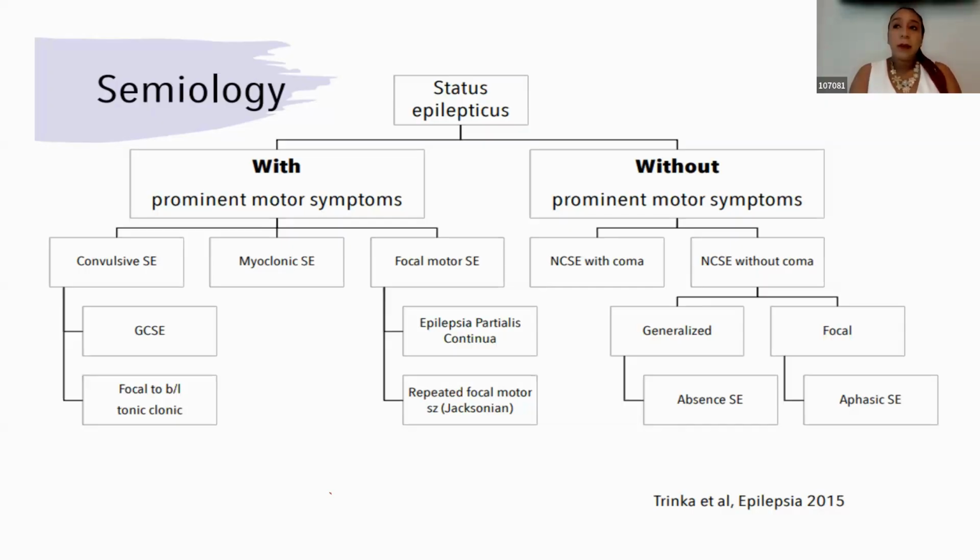And with absence status epilepticus, this is the one where we know we have to treat them within that 10 to 15 minutes. That's their T1, but we don't know where the T2 is. So the consensus is, again, treat as quickly as you can and abort the seizure to prevent long-term consequences.